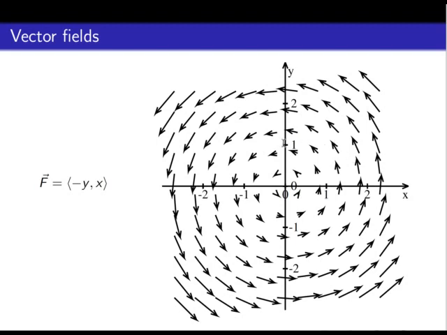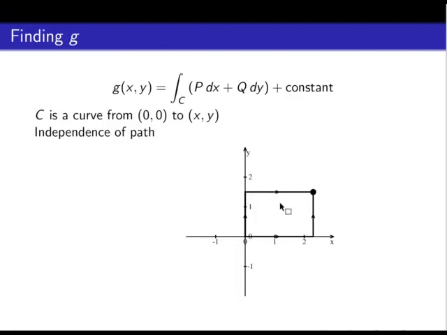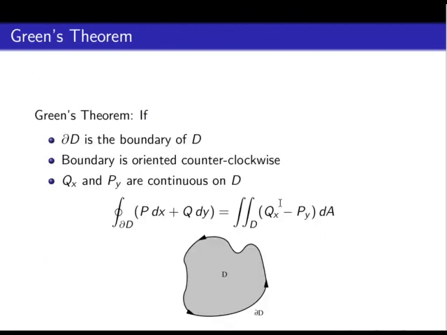And when I integrate around the loop, I'm going to get different amounts depending on what it is. But if I integrate around here, basically I'm going to get 2 times the area of the circle. That's what Green's theorem would say. If this is 2, then I'm going to get 2 times the area of this region.